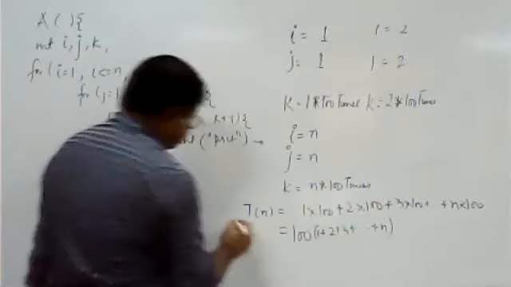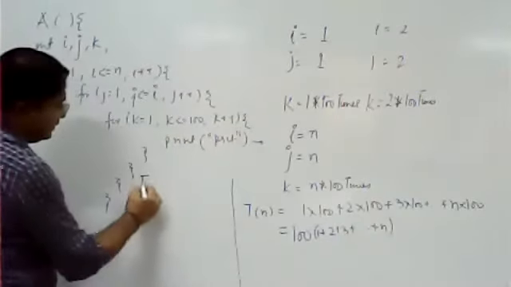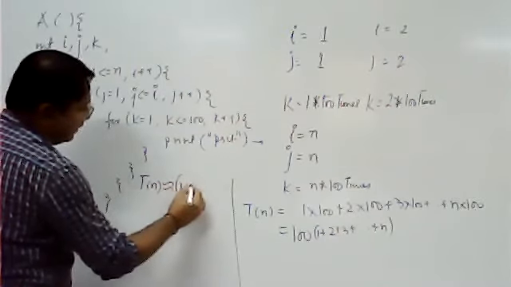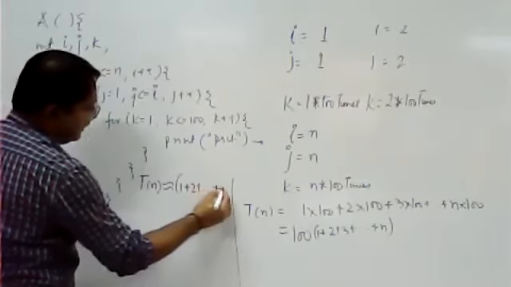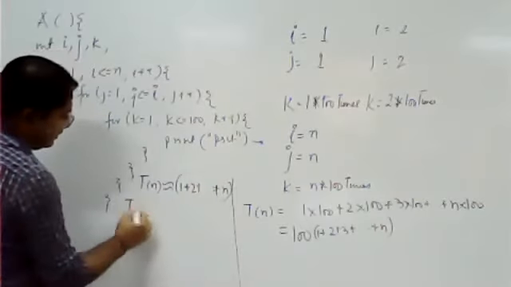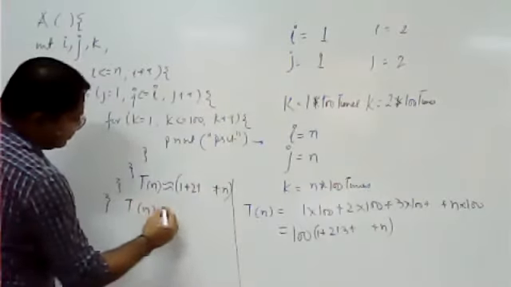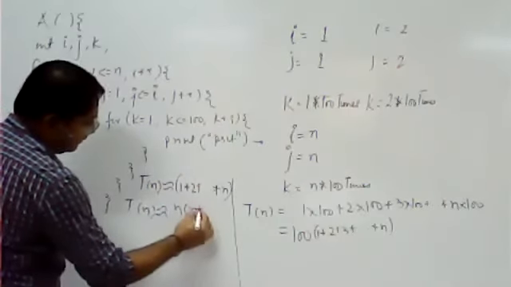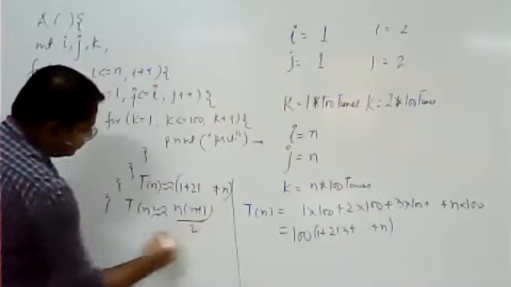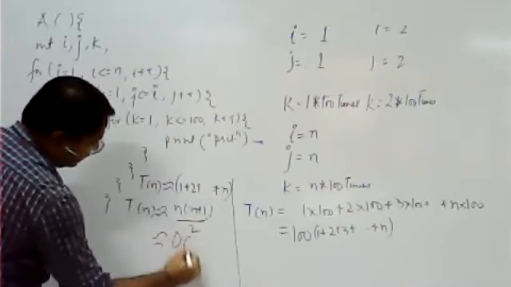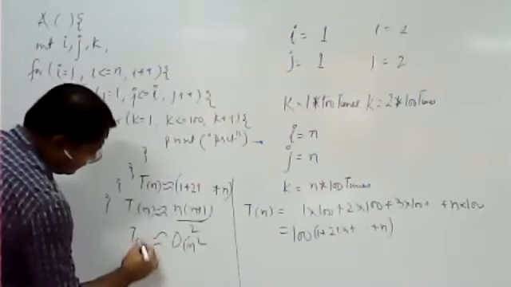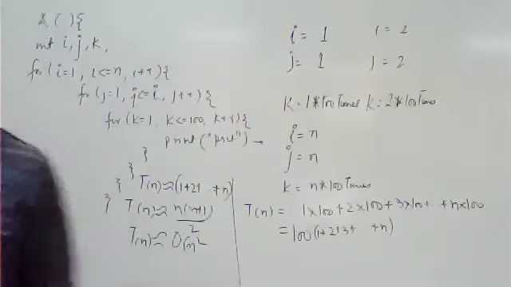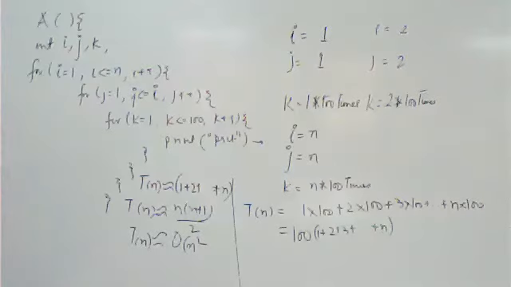If we ignore the constant, T(n) is approximately equal to n into (n plus 1) by 2, that is order of n square.